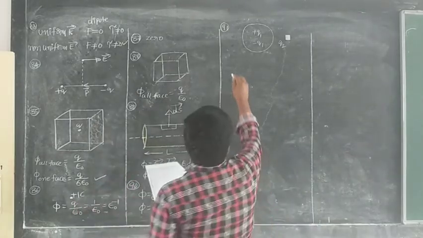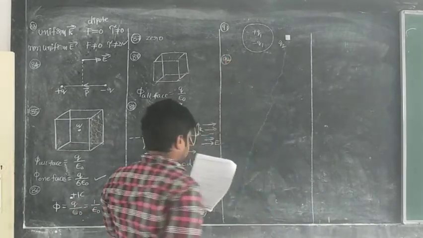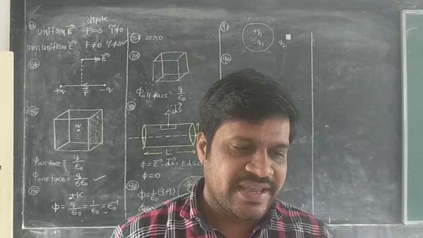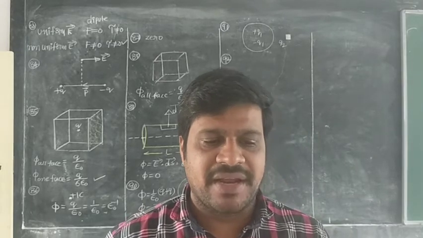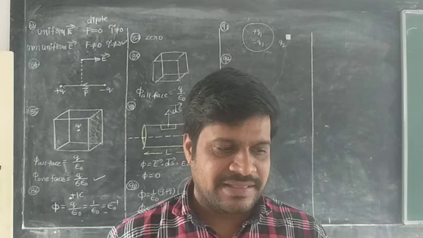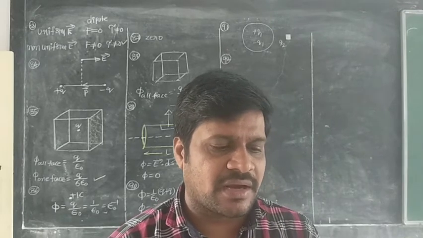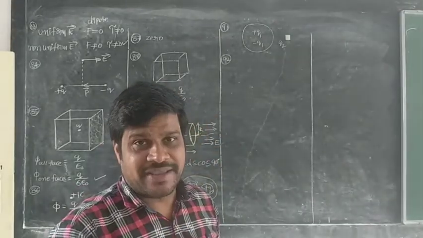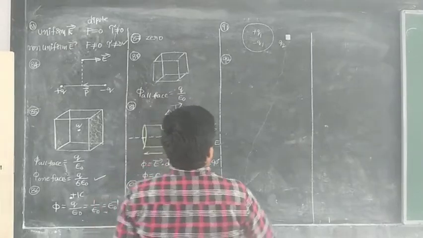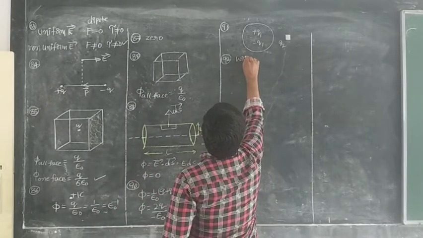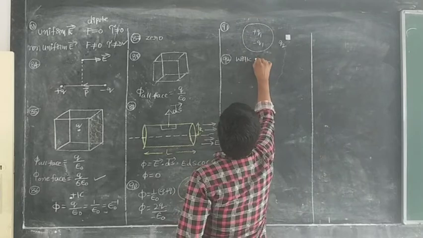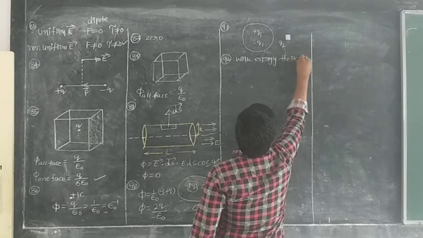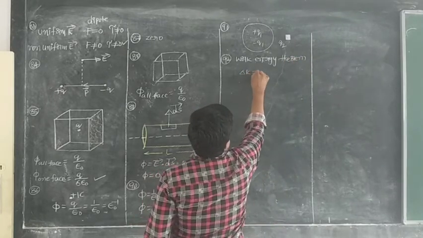Next, 92. You see the 92nd question here. Very, very important model. A particle of mass m and charge q is placed at rest in a uniform electric field and then released. Then what is the kinetic energy attained by the particle after moving a distance y? From the work energy theorem, change in kinetic energy equals work done.